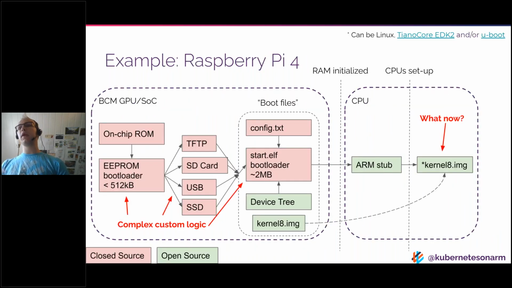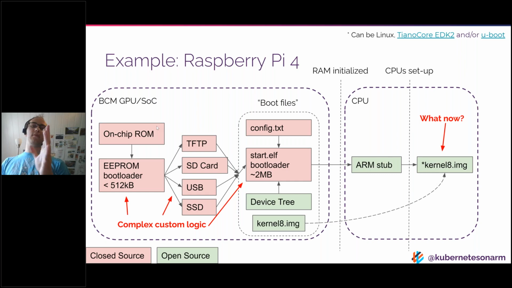So to understand this better, let's take an example. We have the on-chip read-only memory bootloader, and this is executing in the GPU, the Broadcom system on chip. That goes to the EEPROM of the Raspberry Pi 4 and gets the executable from there and starts it, again still in the GPU.